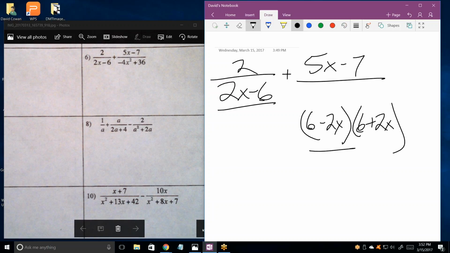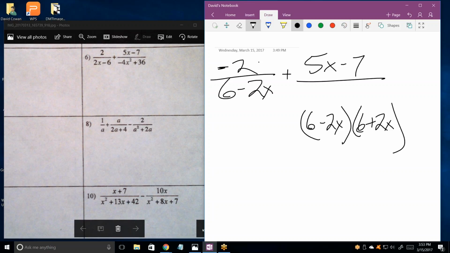That's going to make a difference. It's rare that I see it in the denominator like this. You factor out the negative 1 of the 2x. Exactly. In other words, I'm going to make this look like minus 2 over 6 minus 2x.